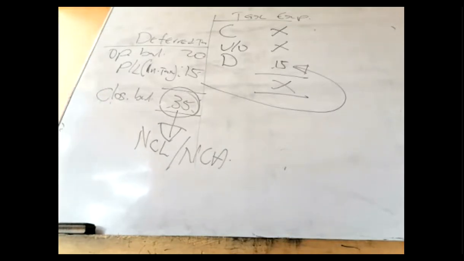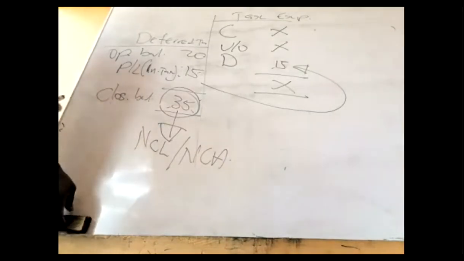Now, when you mention deferred tax, what is deferred tax? As the name suggests, tax which has been what? Deferred. This one, I'll partially agree, partially I'll not agree. Okay, let's see.